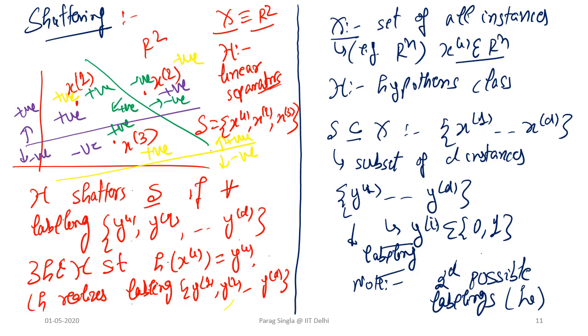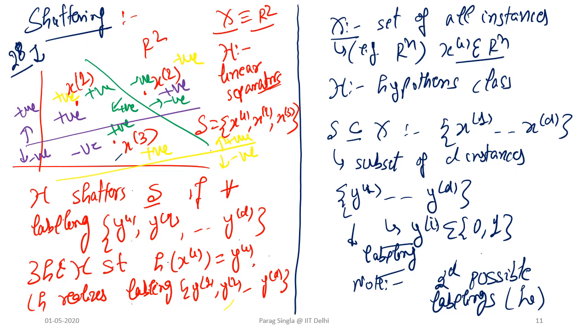And in fact, you can show that for all 2 to the 8 different labelings that we have, there is a separator which can achieve that labeling.